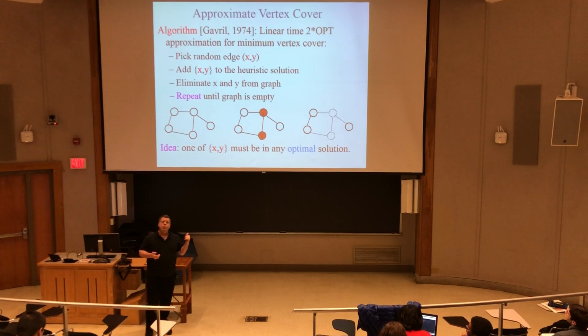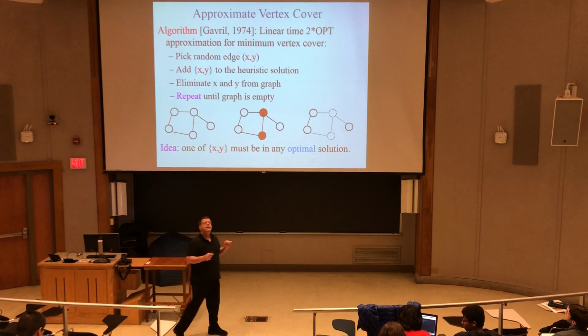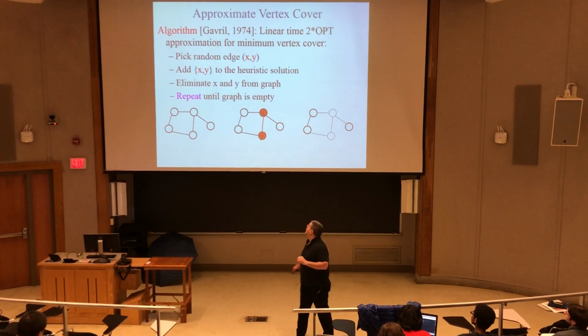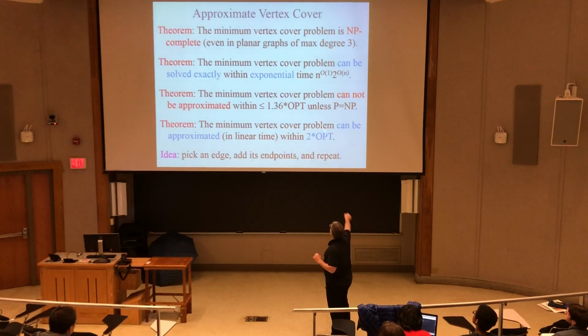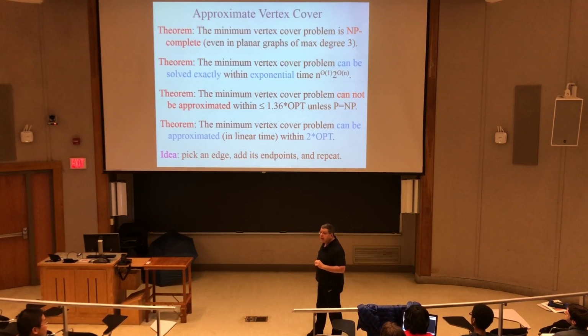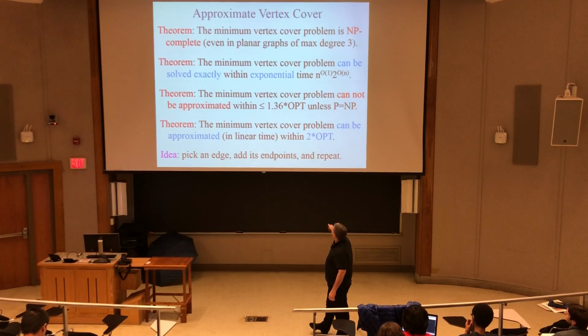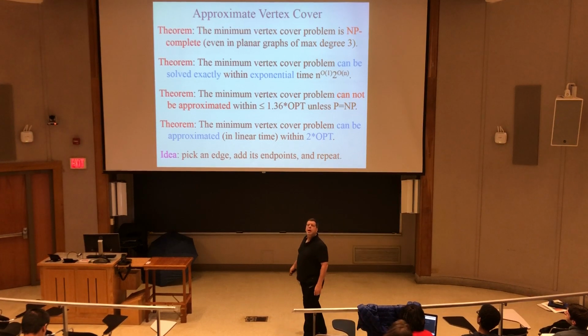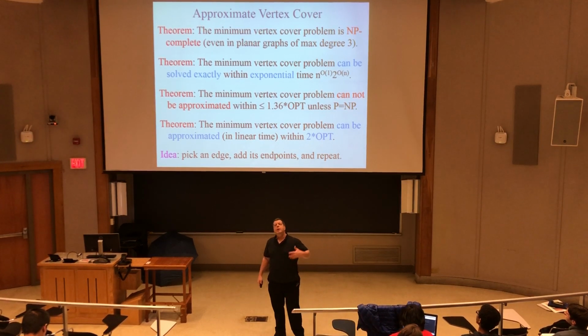So this will give you no worse than twice optimal, guaranteed, for an NP-complete problem. And not just any NP-complete problem, but one that cannot be approximated better than 1.36. Here we have a solution that's no worse than twice. So we're pretty close to the best possible bound of approximation for an NP-complete problem in polynomial time.